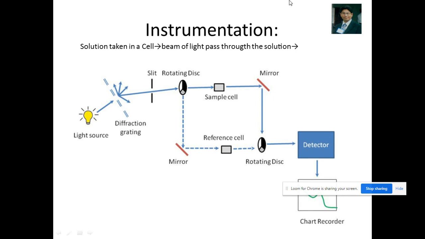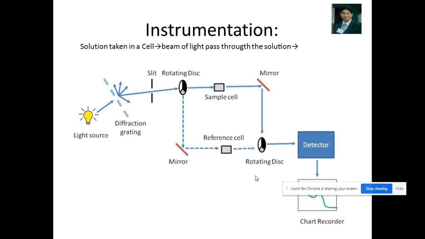After the beams pass through the sample cell as well as the reference cell, the intensities of the respective transmitted beams are then compared over the whole wavelength range of the instrument.